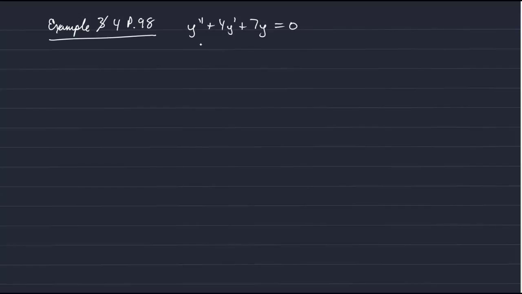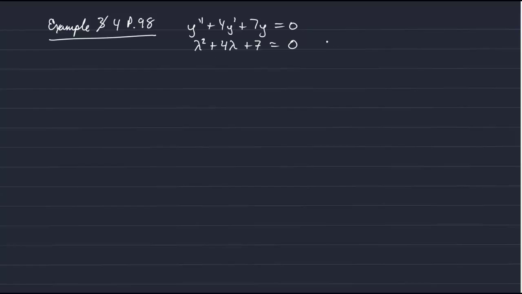And so this gives the characteristic equation. Whenever you see a double prime, you know that's lambda squared. And wherever you see a single prime, that's just lambda. So we have 4 lambda. And then when there's no derivative, this term just drops out. So that's 7. So this is our characteristic equation.